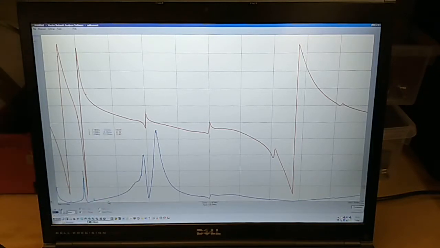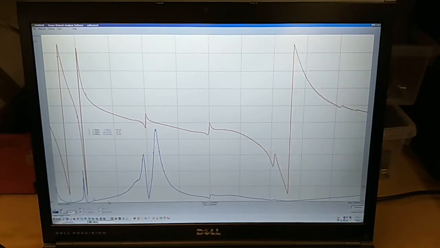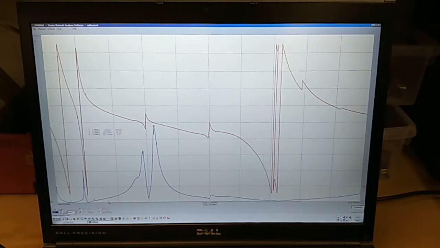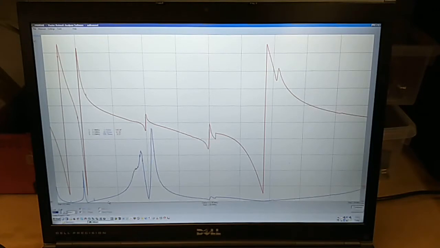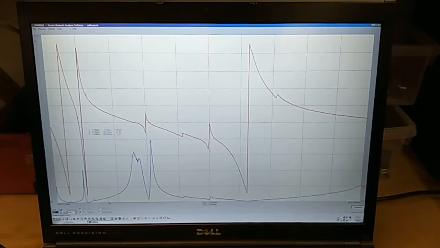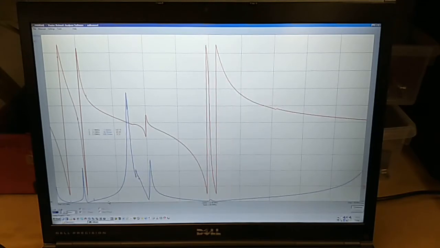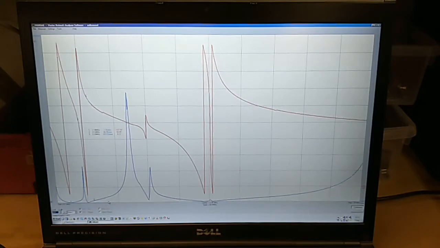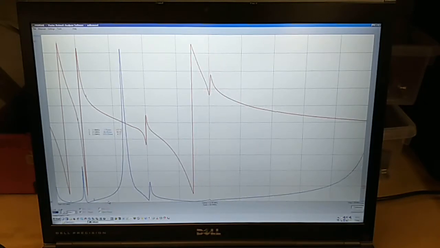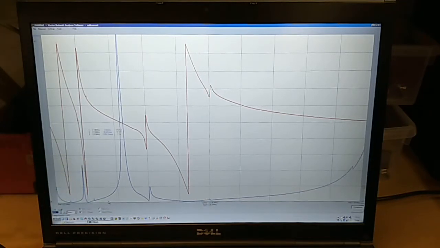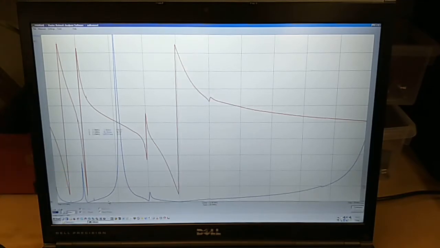Obviously it's about to interact with, there's an interaction with one of the harmonics of the secondary, as we saw before. Keep reducing. There's interaction with another harmonic. Impedance is really rising up again as it did before. Not much change here, of course.